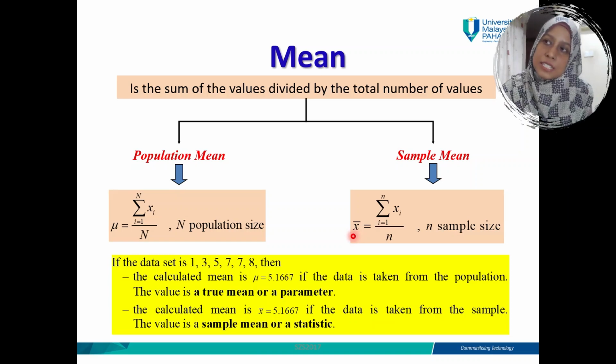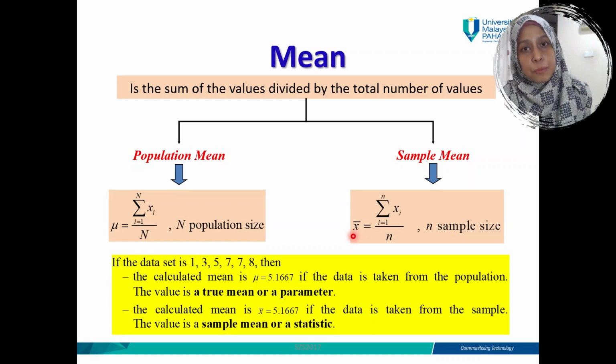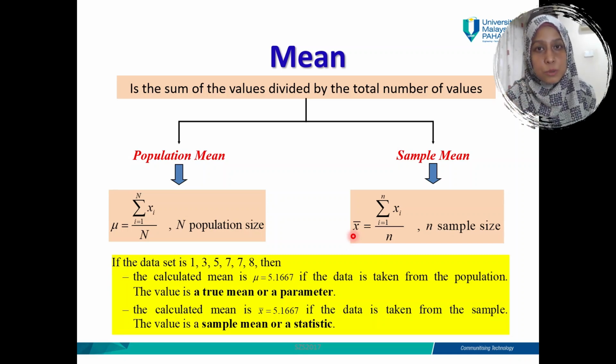So as a researcher, you should know whether the data is collected from a sample or from a population. But as a student in this course, because you are not the one who collected the data, how would you know whether this is population data or sample data? So let me just tell you this so that you won't be confused in the future.